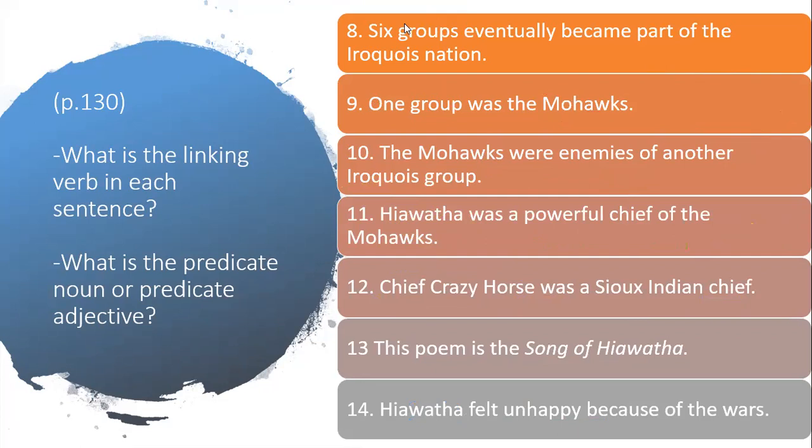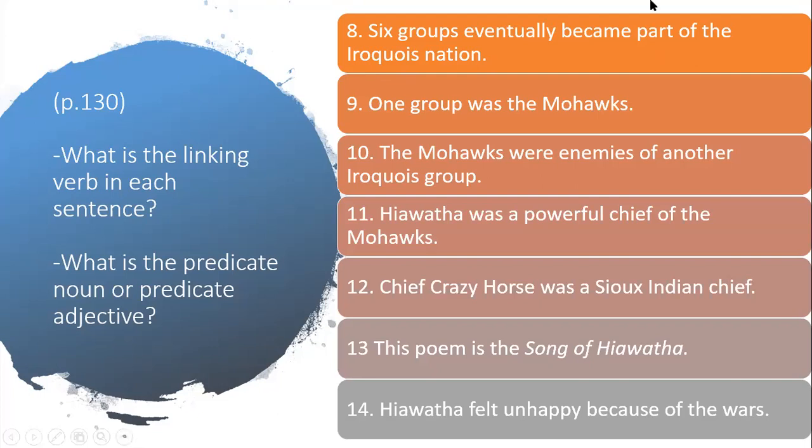So let me see. Okay, number 8, and we're doing the same thing. We're finding what the linking verb is in each sentence and what the predicate noun or predicate adjective is in the sentence. Number 8: Six groups eventually became part of the Iroquois nation. Do you know how to pronounce it? Iroquois nation.